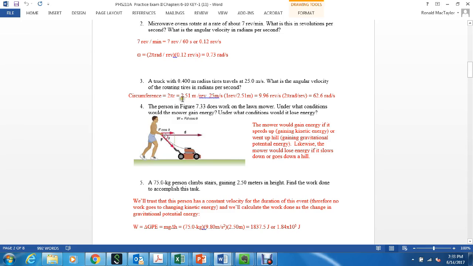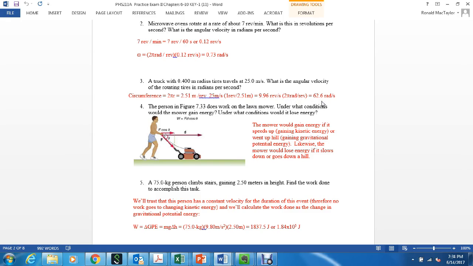So the car is going to travel 2.51 meters for every revolution. At 25 meters per second, times 1 revolution is 2.51 meters, we wind up with 9.96 revolutions per second, therefore 62.6 radians per second.